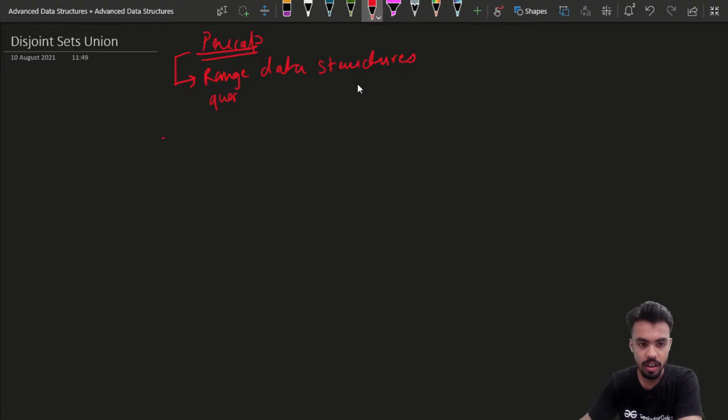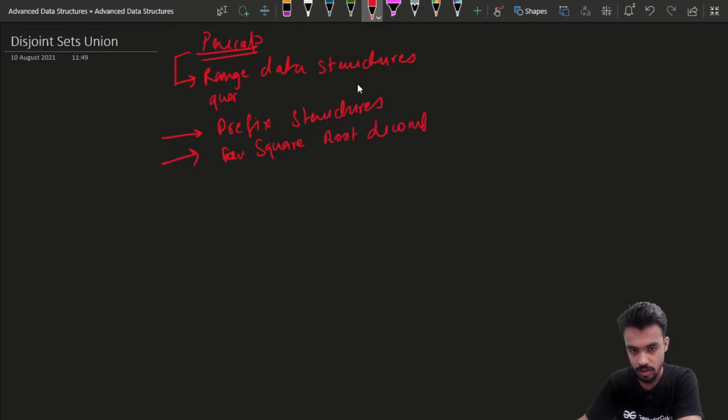We have covered the prefix structure, both 1D and 2D. Then we covered the Fenwick tree and square root decomposition, and using the square root decomposition technique, we also implemented Mo's algorithm.